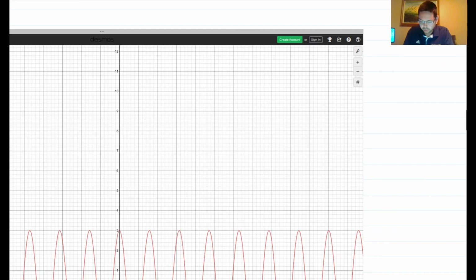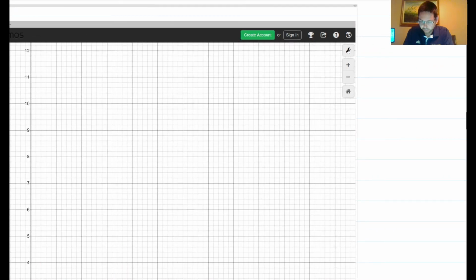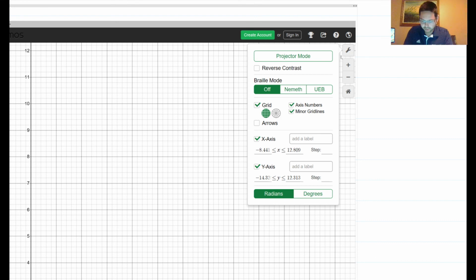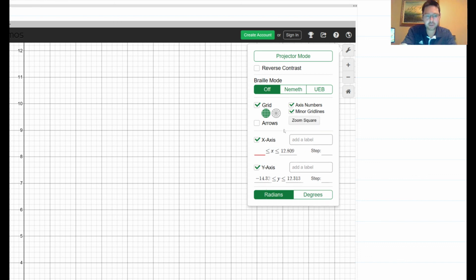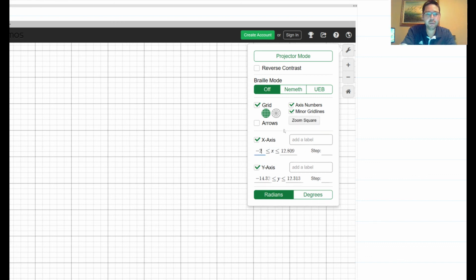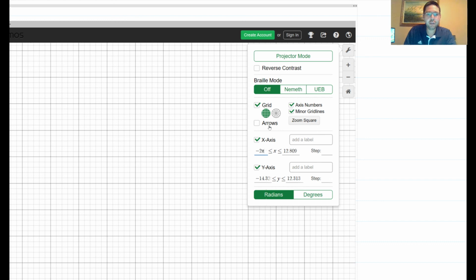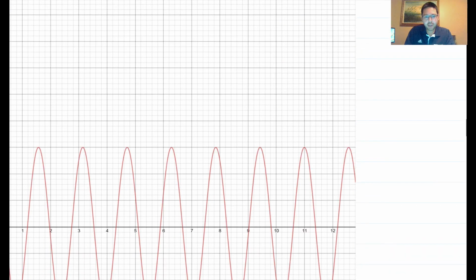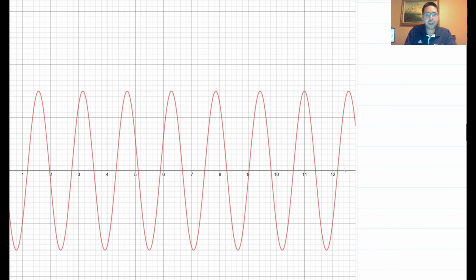If you go to this little wrench icon, you could say, I want it to go from, let's say, -2 pi to 2 pi. You can adjust your x-axis and your y-axis. That's something cool that you could do. But this is how our function looks, and then you can go ahead and trace the curve.